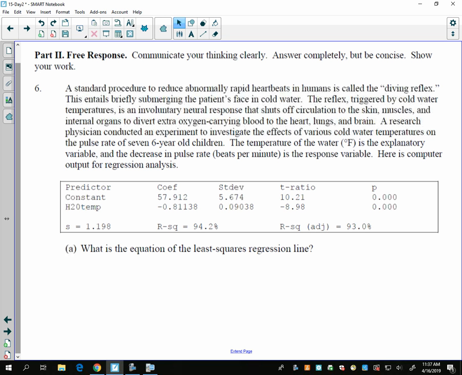Interesting. A research physician conducted an experiment to investigate the effects of various cold water temperatures on the pulse rate of 7 6-year-old children. The temperature of the water is the explanatory variable, and the decrease in pulse rate in beats per minute is the response.